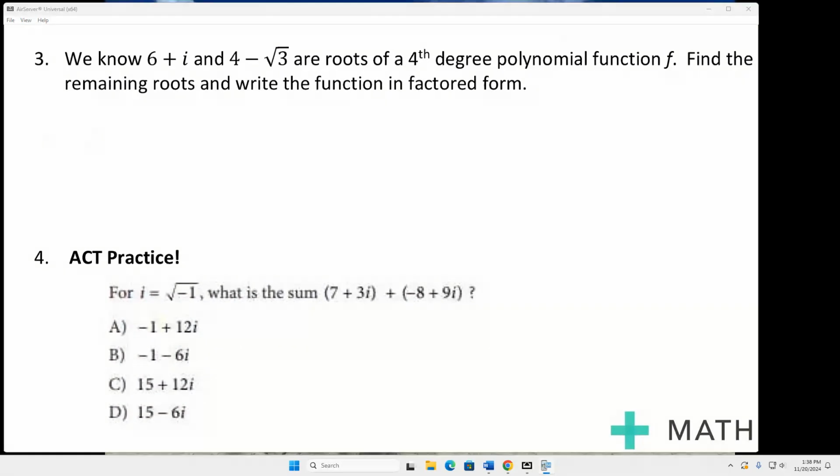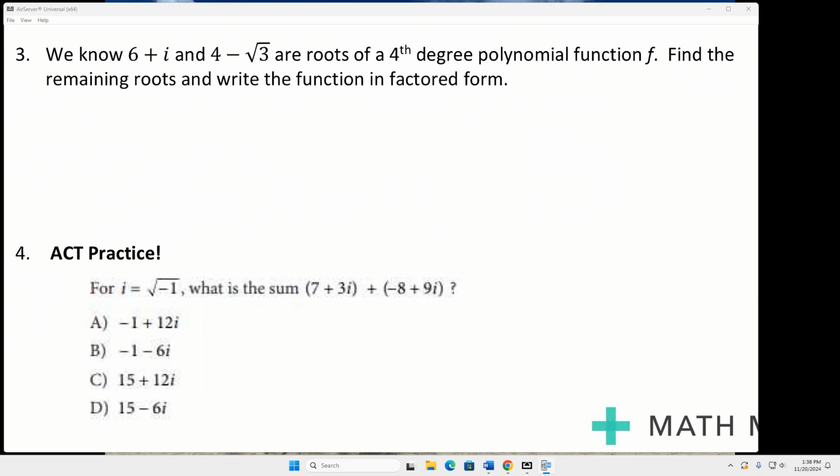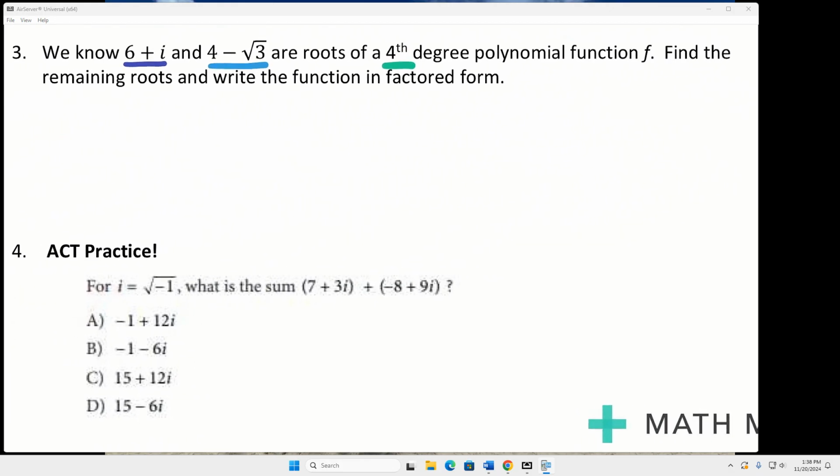Okay. And then for number 3, I kind of like questions like this. So we know that 6 plus i and 4 minus the square root of 3 are roots of a 4th degree polynomial function. We're going to find the remaining roots, and we're going to write the function in factored form.